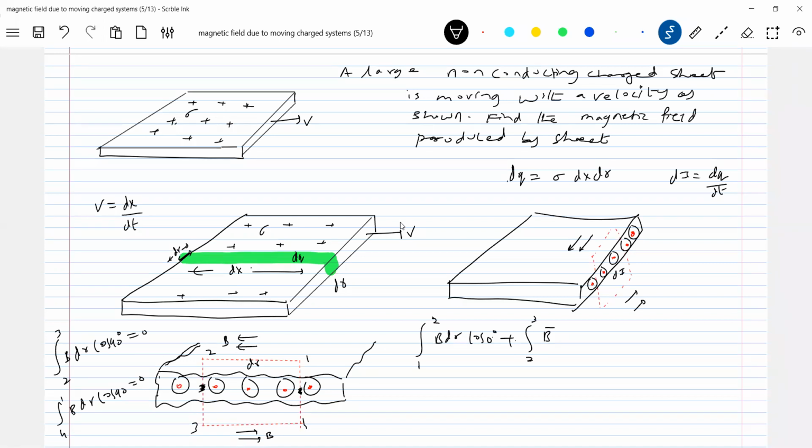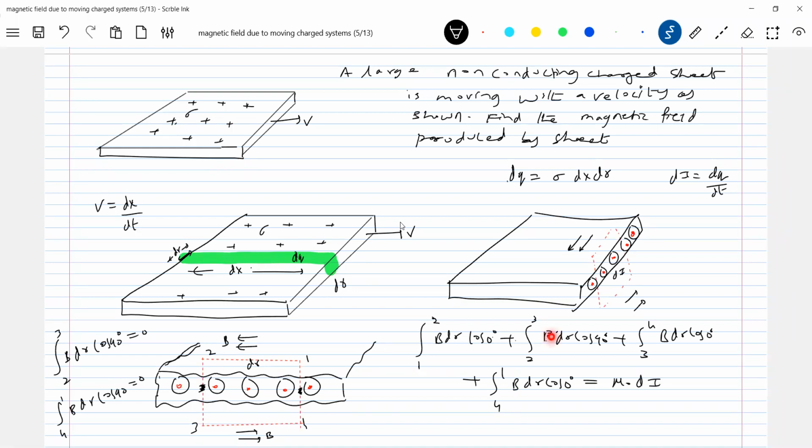2 to 3 cos 90, 3 to 4 B dr cos 0, 4 to 1 B dr cos 0, is equal to the net current enclosed. So mu naught into dI, I'll write it.